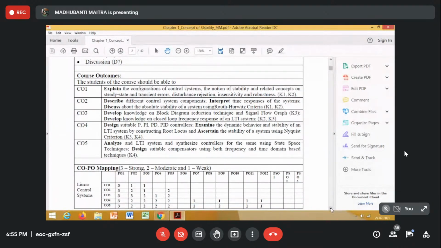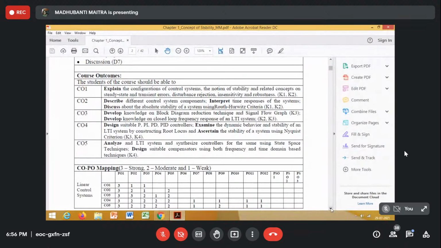So the COs are like this. We'll have to learn the COs because after finishing the course, at the end of the semester, we'll be asked to provide course end feedback, and course end feedback is based on the coverage of COs.